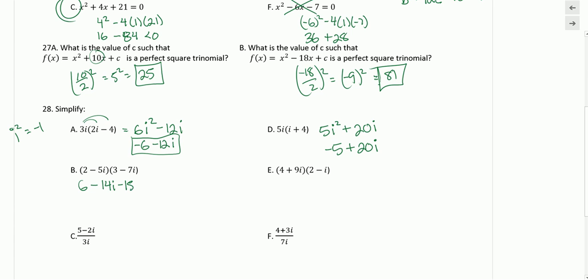Negative 15i and positive 35i squared. So that gives us 6 minus 29i minus 35 because i squared is negative 1. And 6 minus 35 is negative 29 minus 29i.